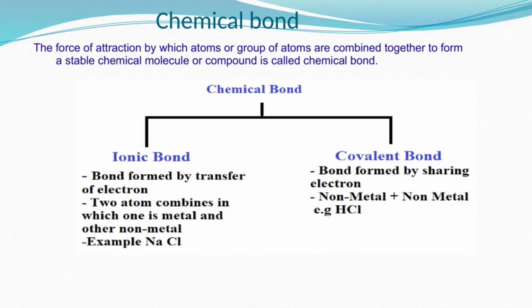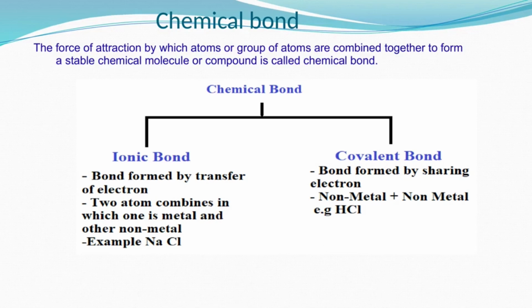The force of attraction by which atoms or group of atoms are combined together to form a stable chemical molecule or a compound is called chemical bond. Its types are ionic bond, which is also known as electrovalent bond, and covalent bond.